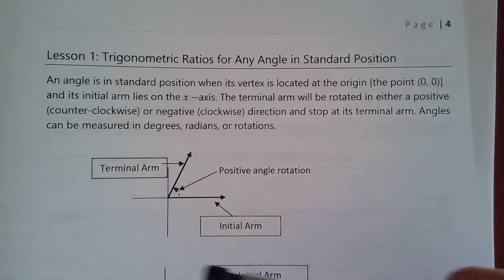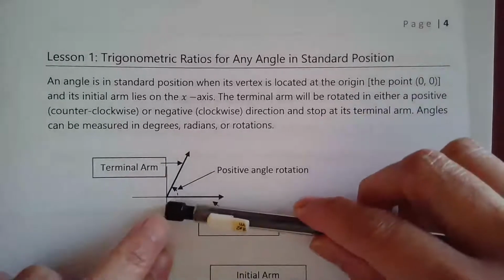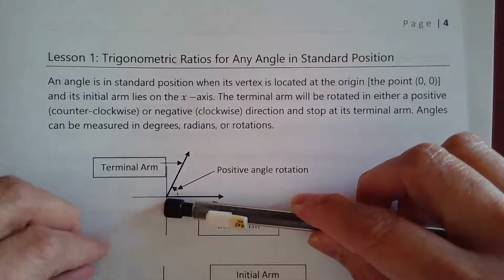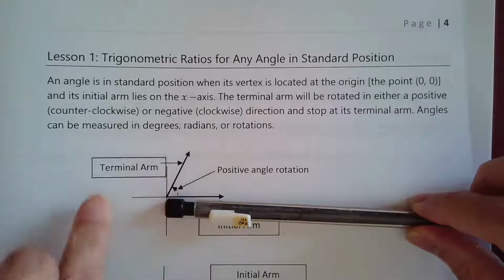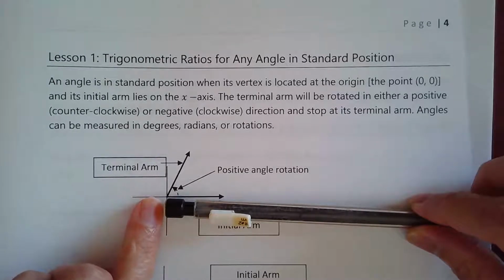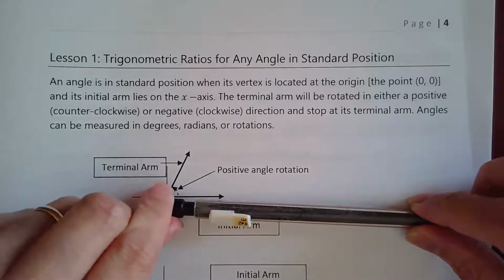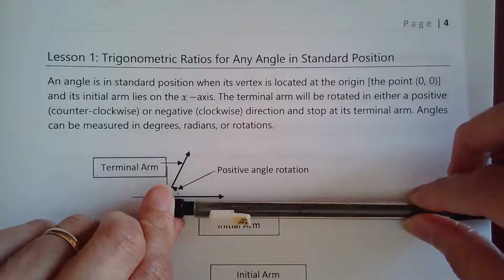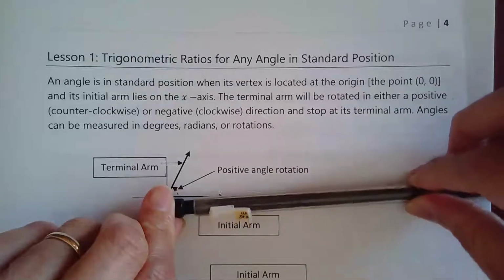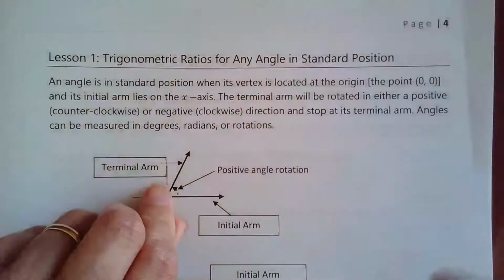So the standard position is where the line starts at the origin, the vertex, where it's rotating, and then it starts off at the initial arm at the x-axis, and it's going to go around this way.